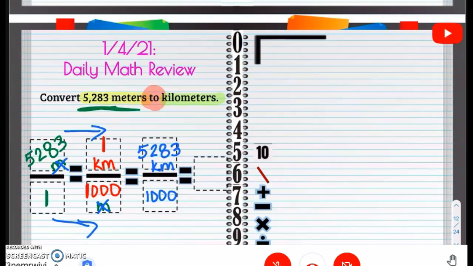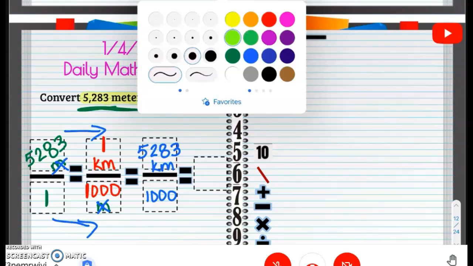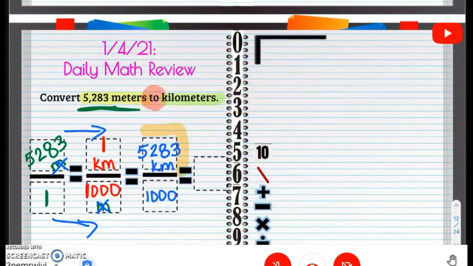Now, remember, whenever you see a fraction, this literally means divide, and this is a sneak peek for what we're going to do today. So we're going to divide.